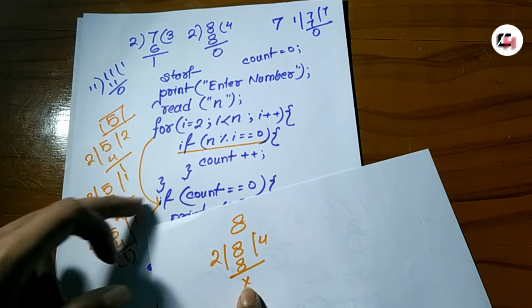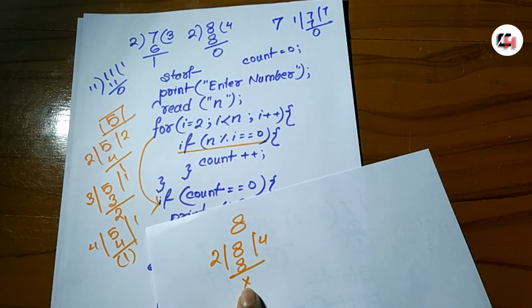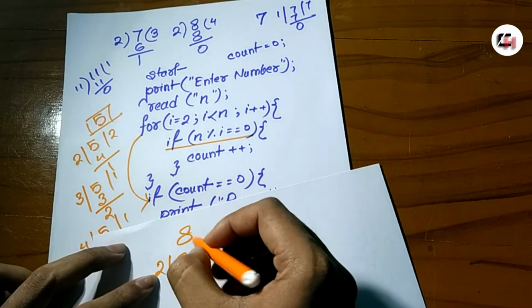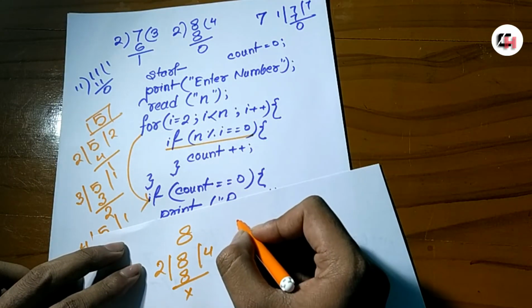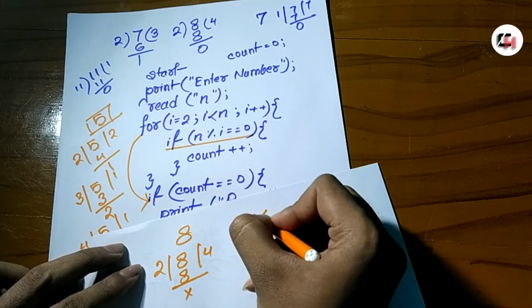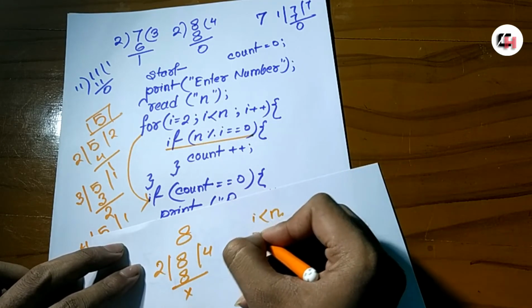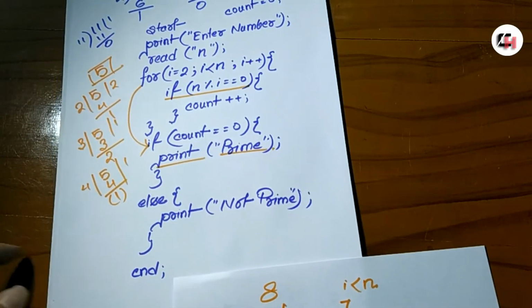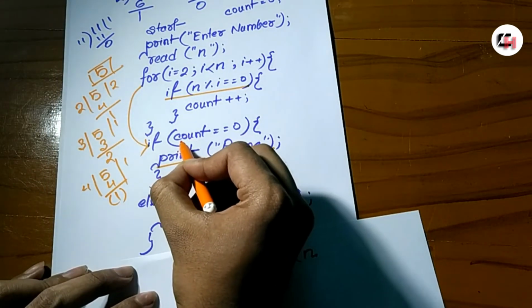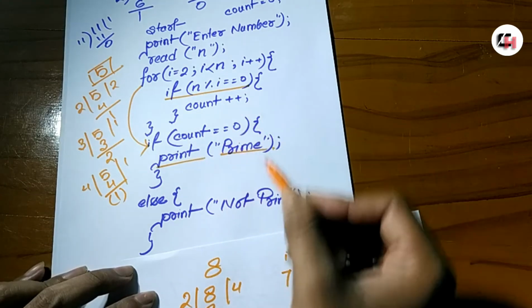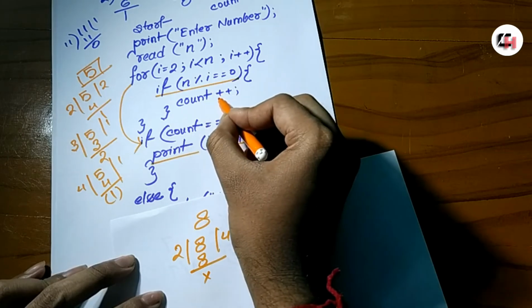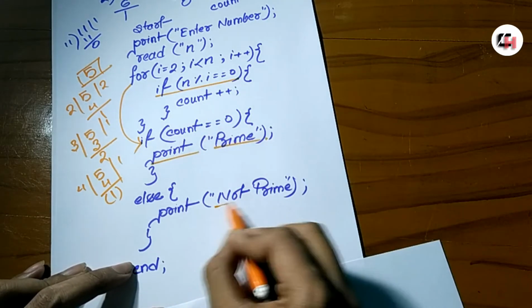There is no remainder. That's why the count variable will increase. In that way the loop will execute up to i less than n, that means up to 7 for 8. Then it will check if count equal to 0. But no, because the value of count increased there. That's why it will print not prime.